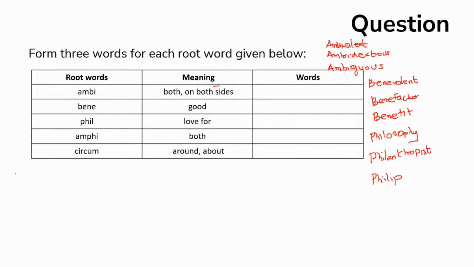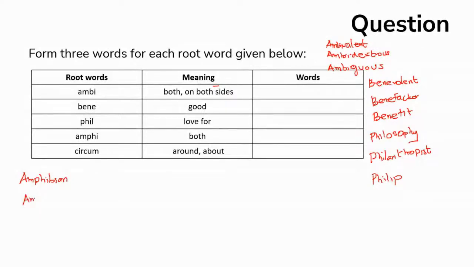And next is amphi. Amphi means both. And the words which we can form with amphi as the root word are amphibian, an animal that can survive both on land and in water.